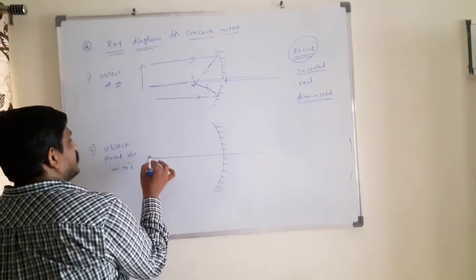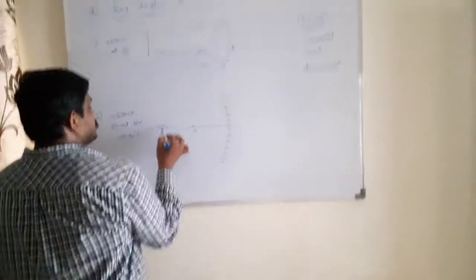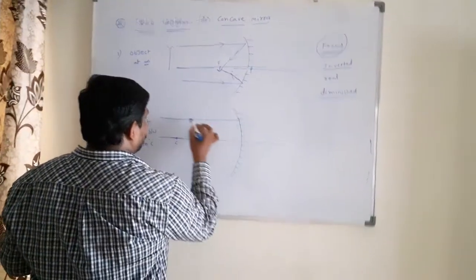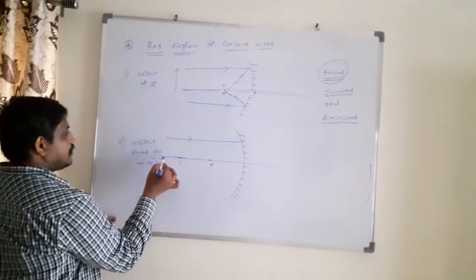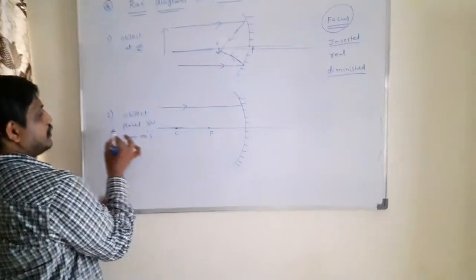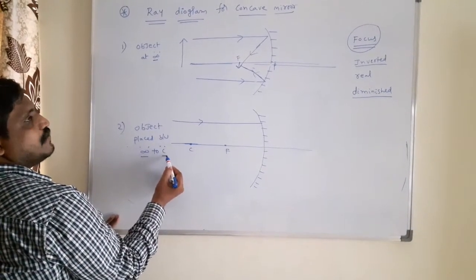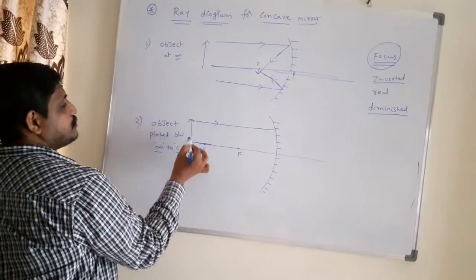In the chapter, for example, this is the principal focus, and this is called the center of curvature. Light is coming from infinity distance. The object is placed between infinity and C, that means beyond C. This is the object.